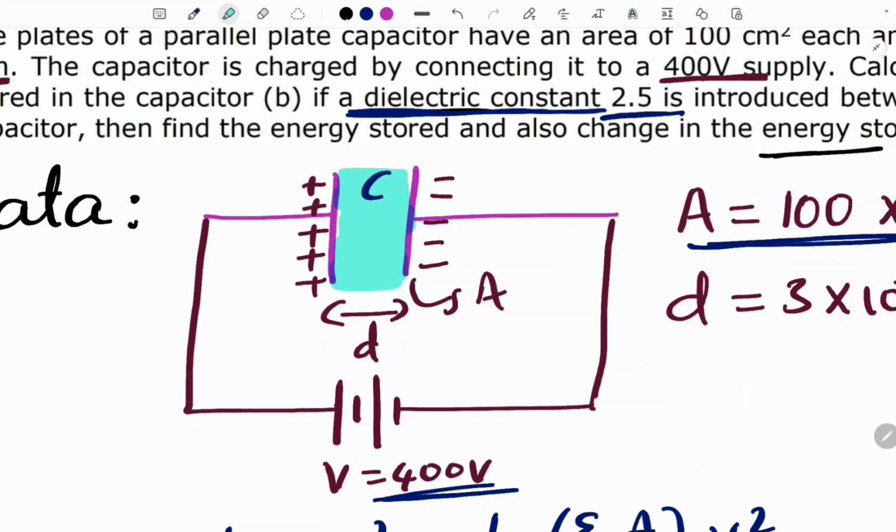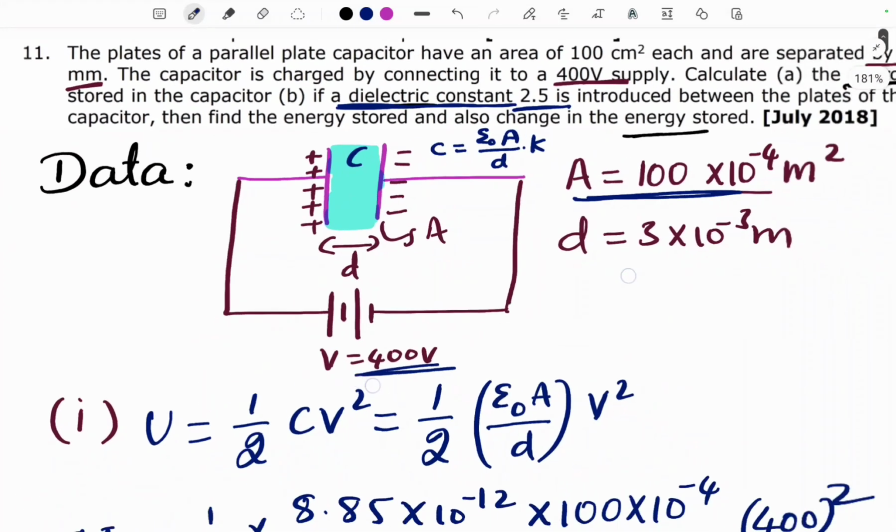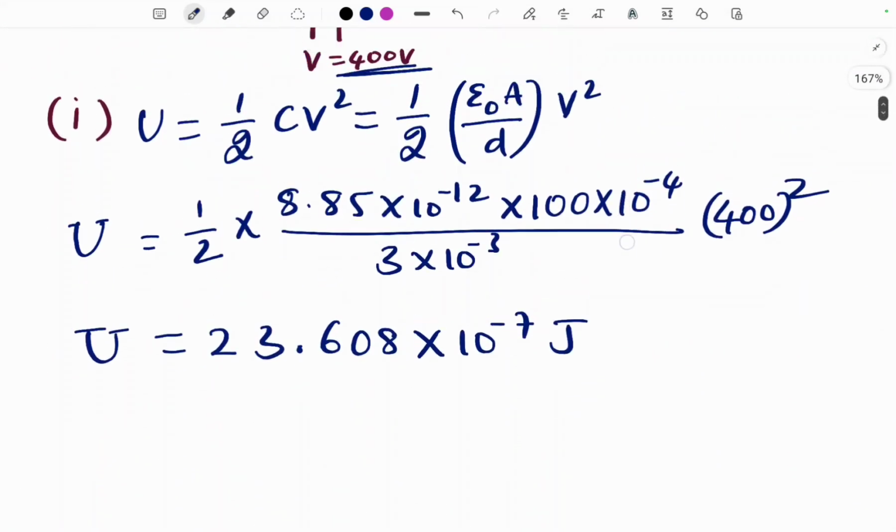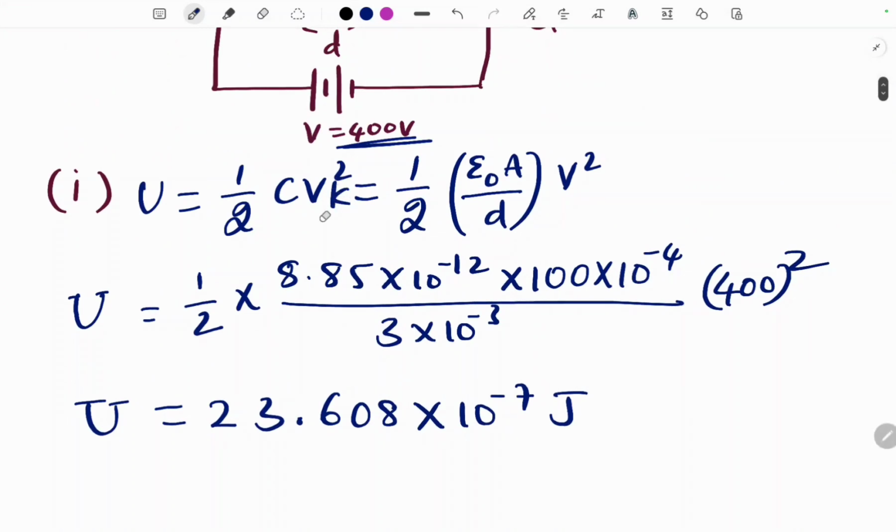The capacitance of the capacitor increases by K times. Let me write here, C is equal to epsilon naught A divided by d into K. It increases by K, so you have to multiply your capacitance value by K.